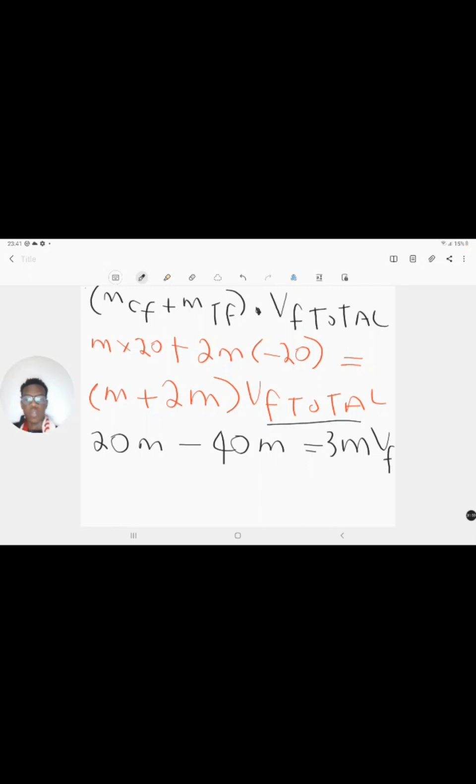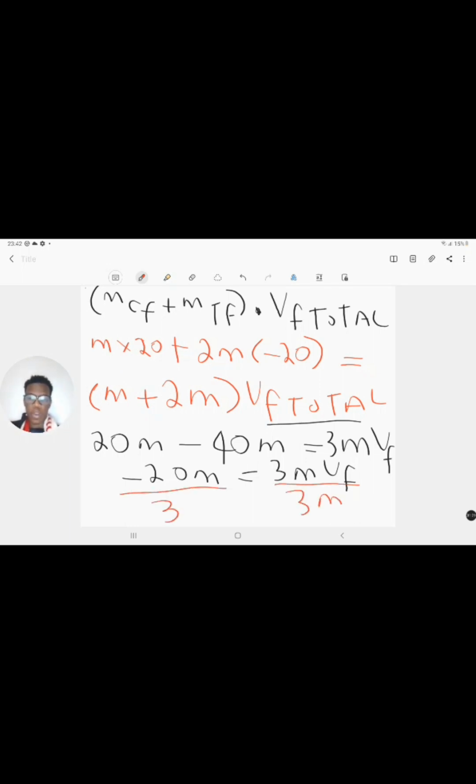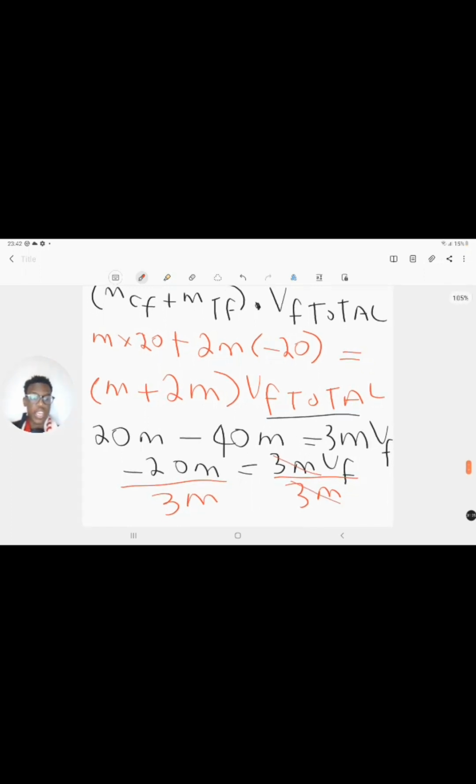Okay, now we can solve. What is 20M minus 40M? This is minus 20M is equal to 3M VF. Okay, now if I divide both sides by 3M, the 3M's there are going to cancel.